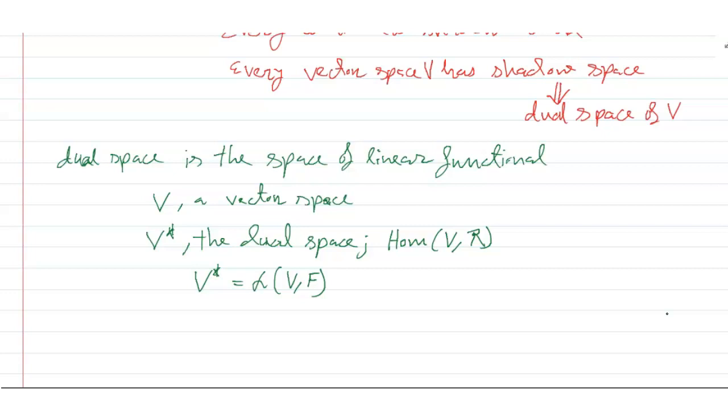This dual space is again a vector space. It is the vector space of functionals of V, just linear functions. Why is V star a vector space?